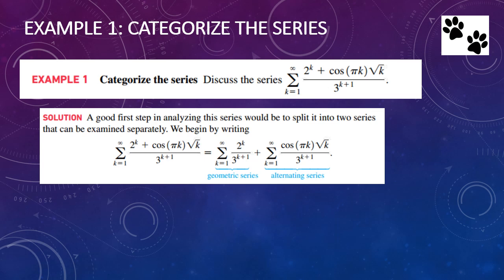In this case, a good step in analyzing this series would be to split it into two series by using the common denominator that we have here and creating two different rational expressions.